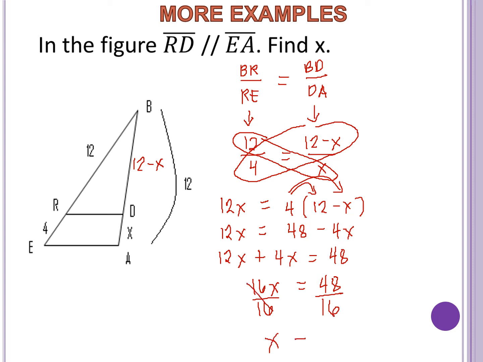Therefore, the value of x is equal to 48 divided by 16 is equal to 3. So in the given figure, DA is 3 while BD is equal to 12 minus x or 12 minus 3. Therefore, this is 9. But we are only asked to find the value of x. So x is equal to 3.